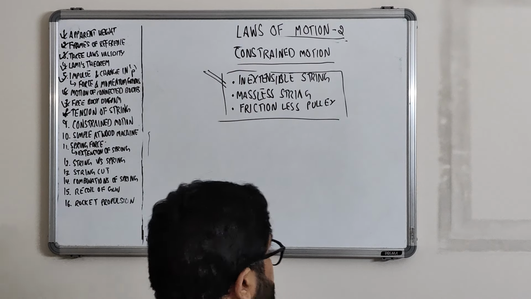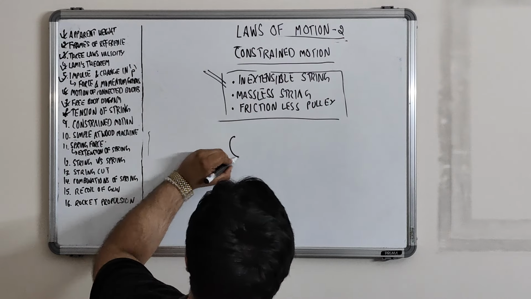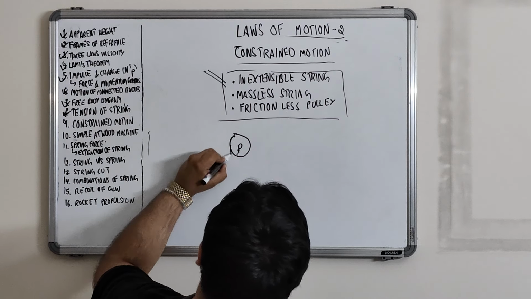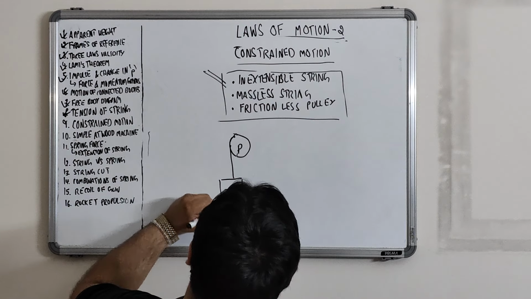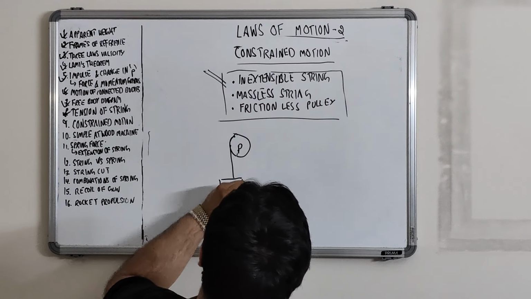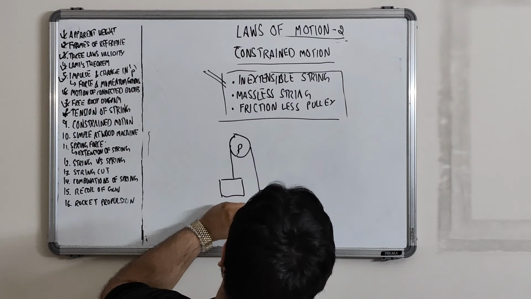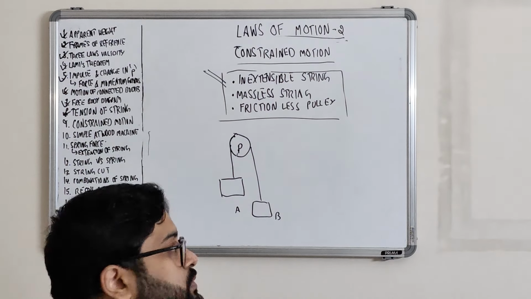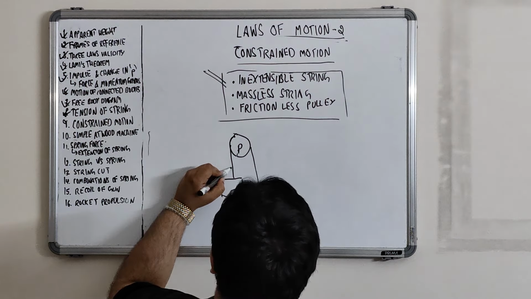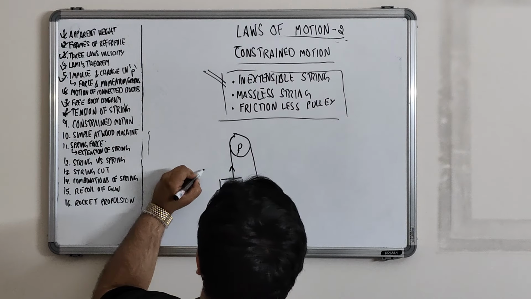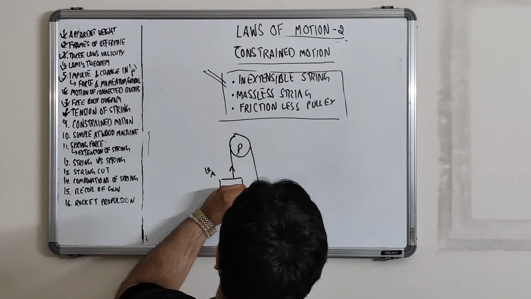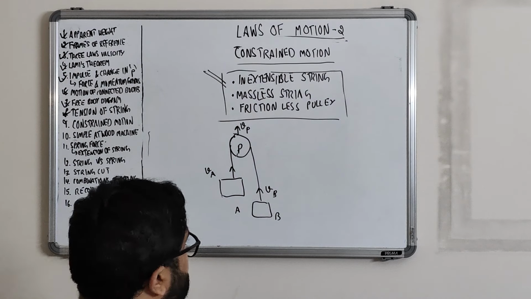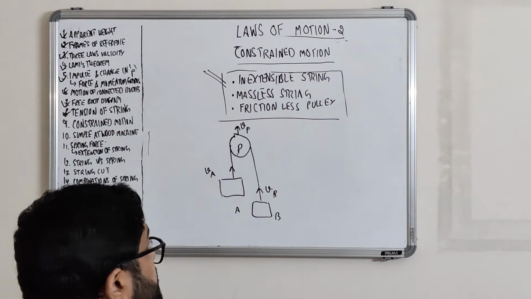Now think about the same pulley. Let's call it P. This weight here, let's call it A, and this weight here, let's call it B. Let's assume the velocity of A is upwards, velocity of B is upwards, and velocity of the pulley is also upwards. These are the assumptions we are taking.